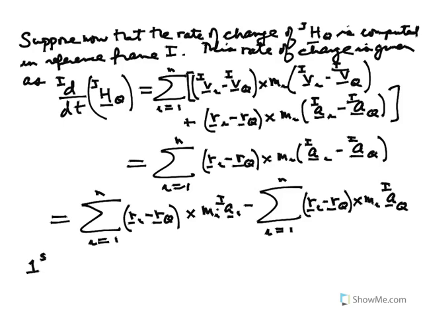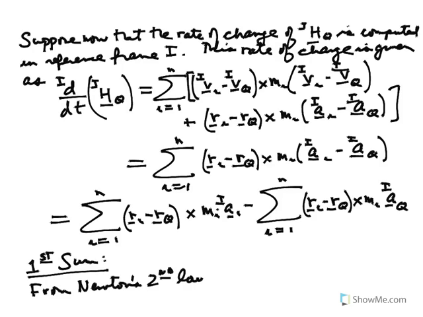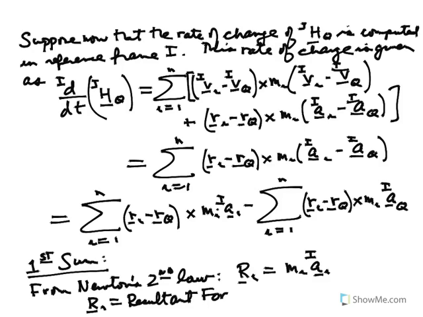In this case, we know from Newton's second law that the resultant force acting on particle i is equal to Mi Ai in I. And Ri is the resultant force acting on particle i, on Pi.